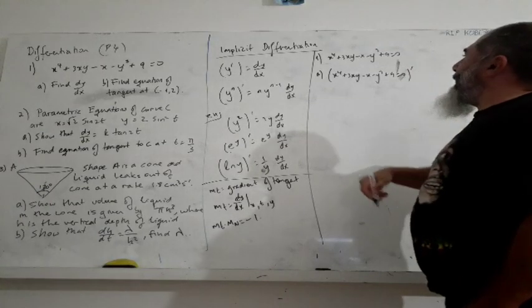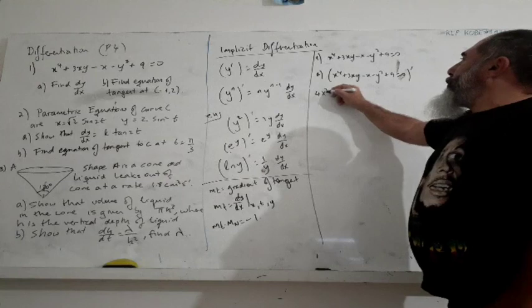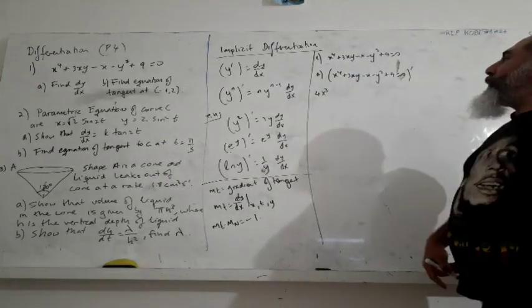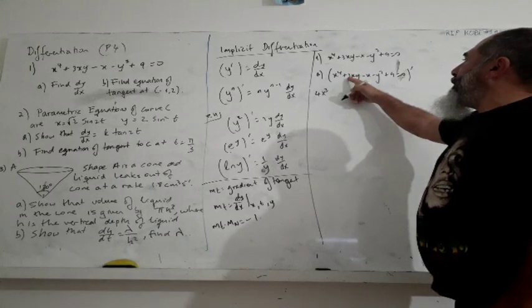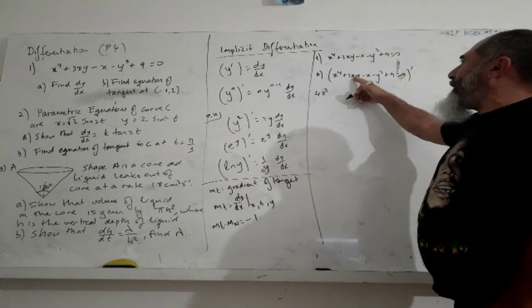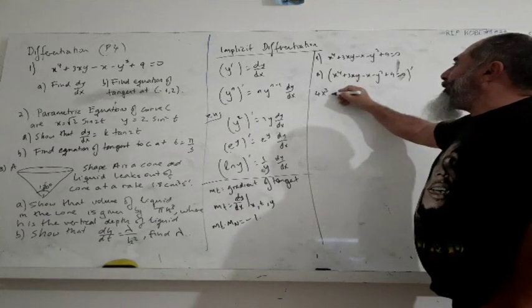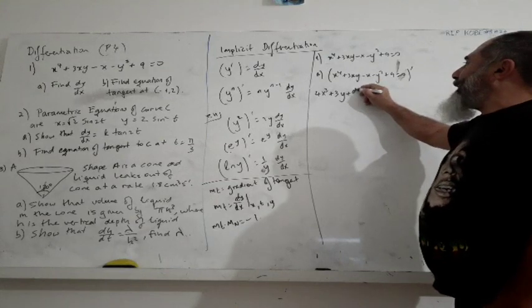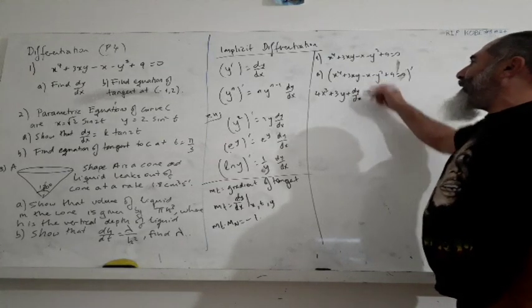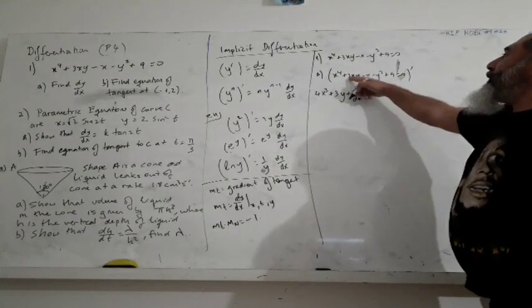It is 4x cubed. We have a product here, so we are going to apply the product rule. The first expression is 3x, the other one is y. So derivative of 3x is 3, times the second one, y, plus the derivative of the second one, which is dy over dx, times the first expression 3x, minus derivative of x, which is 1.